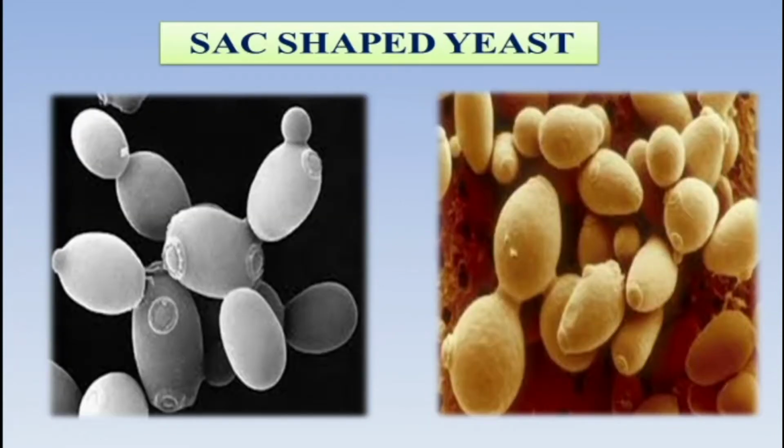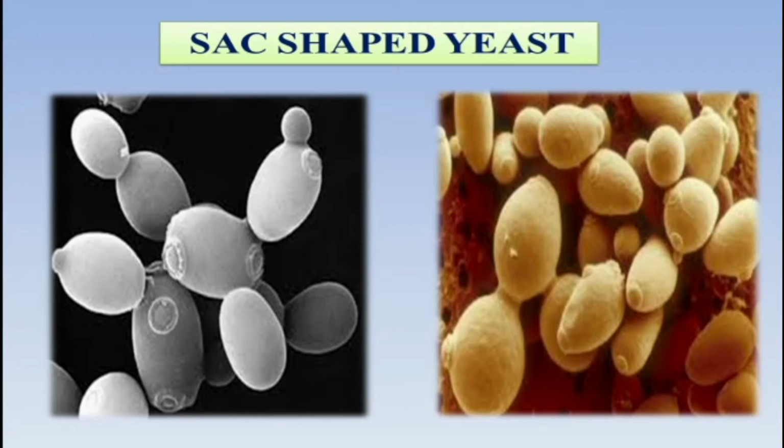The third fungus structure is sac shaped yeast. The yeast body looks like a sac, and we also say it is a bud like structure. The sac covers the whole body.